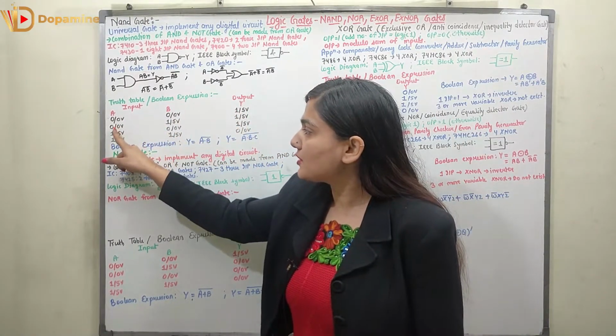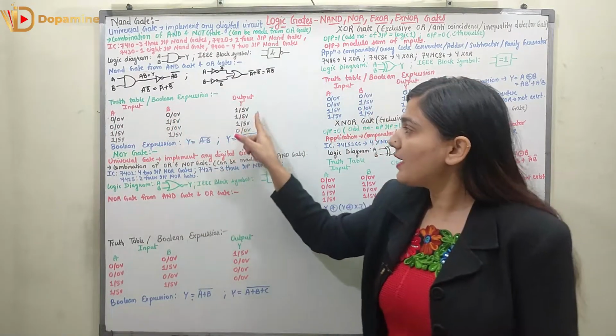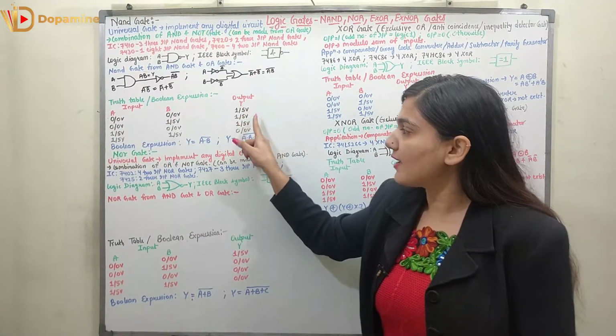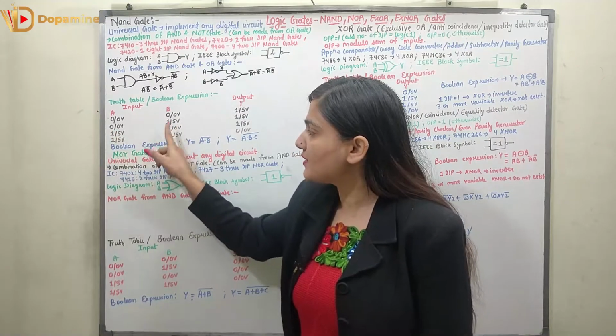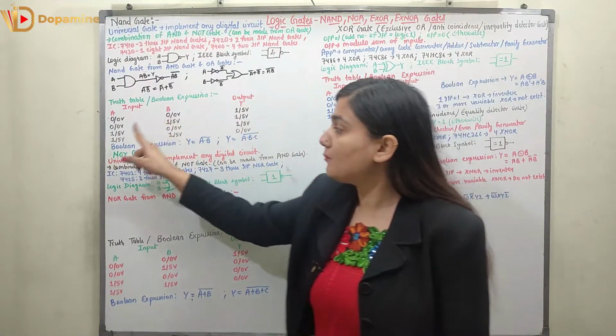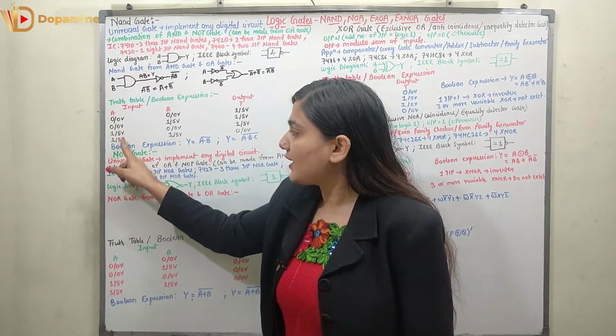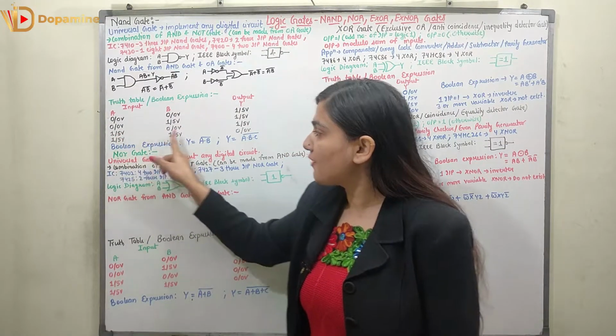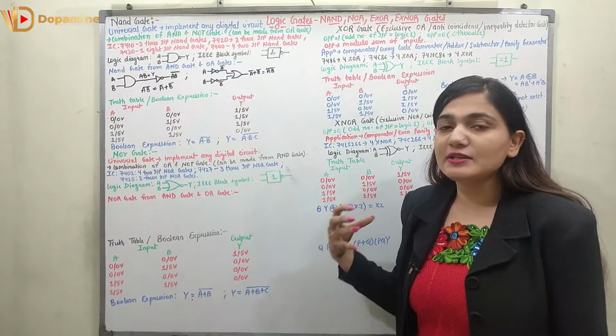When I have input 0 0 volt, 1 5 volt, output is high, 1 5 volt. When input is 1 0, that is 5 volt 0 volt, the output is 1, that is 5 volt. When both of the inputs are 1, so that time both of the inputs are at 5 volt, the output is 0, that is 0 volt, right?